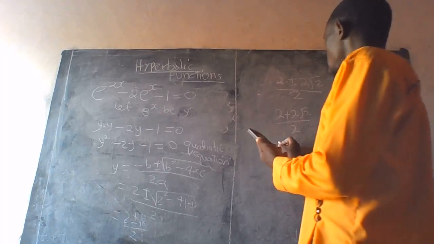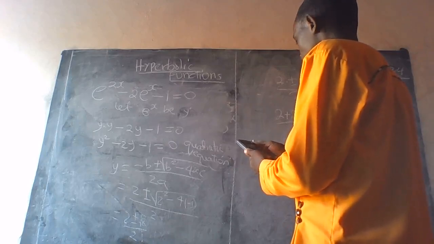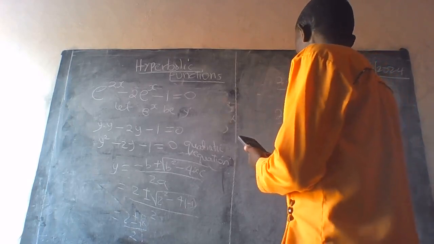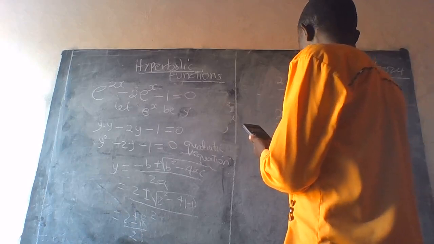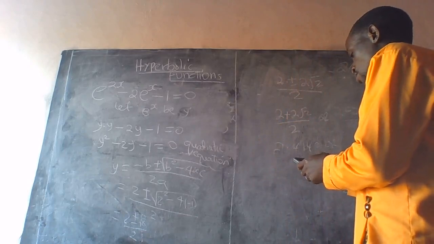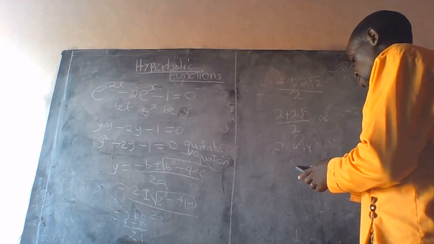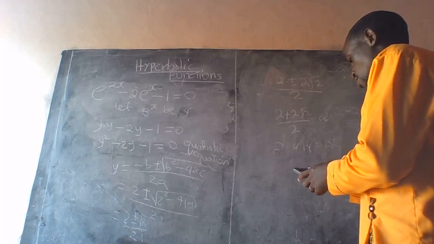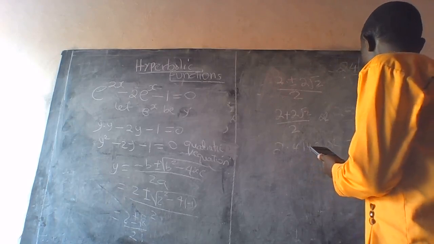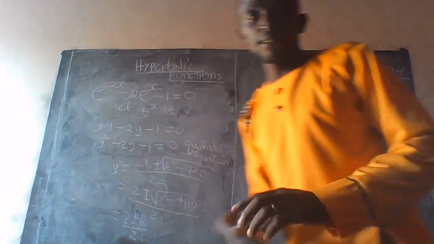So the answer there is 2.4142, or negative 0.4142. So those are the two possible answers that we have.